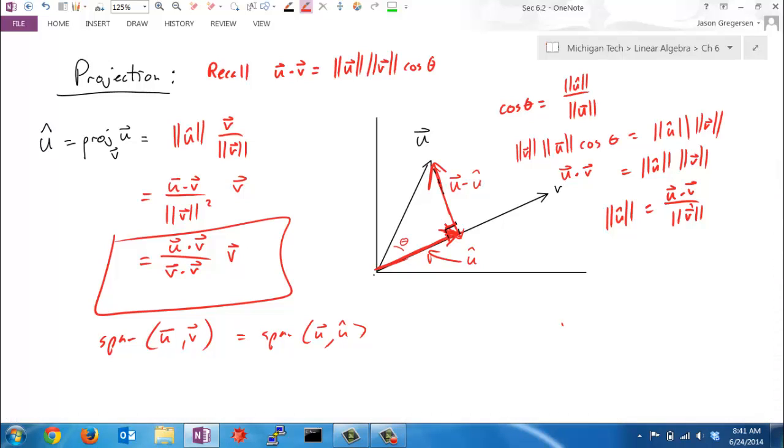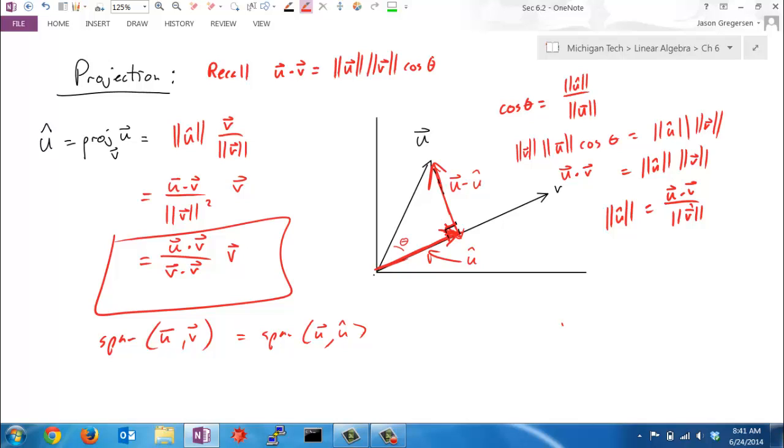But if I take this thing plus this thing, I get to u, or I can subtract them to get to this thing, which means that this vector is really a linear combination of these other two. Which means it's also in this space. And so is there any difference between this span and the span of this and this? Also the same span.